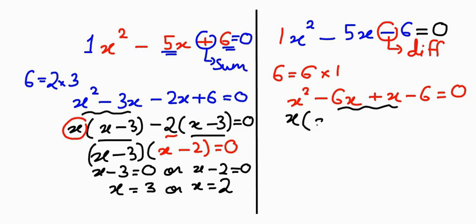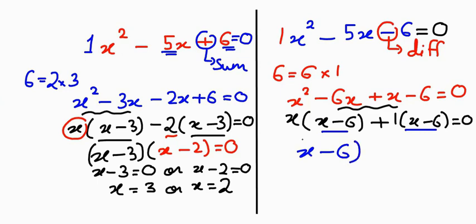So we can take x common, we'll get x minus 6. And here we can take 1 common. We'll get x minus 6 is equal to 0. Now we can take x minus 6 common from both of these terms. So we'll get x minus 6 into x plus 1 is equal to 0.